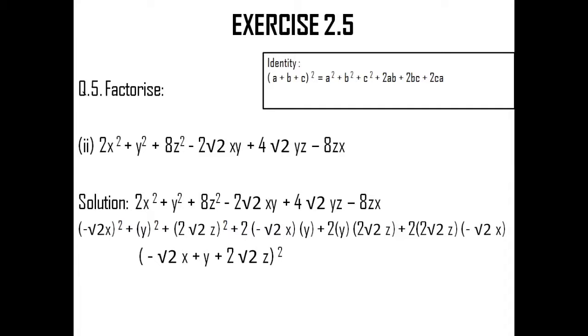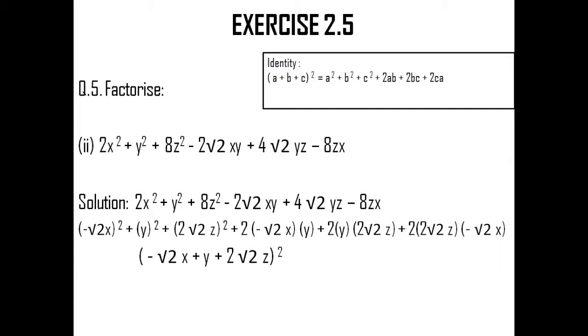8 can be written as, if you try to factorize and find the factors of 8 or square root of 8, you will get 2 root 2. So 2 root 2 z the whole square. So I've got my a square plus b square plus c square. That is, I've got my a, b, and c. Just put those values in the identity and check whether you are getting the question or not.